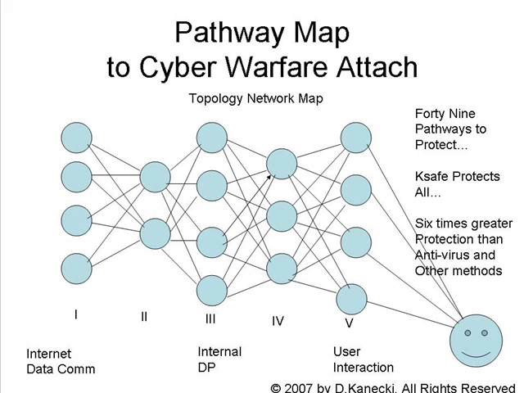With the KSafe family of products, your data is secure on all 49 of these pathways. So if someone were to try to intercept your data or did intercept your data on any one of these 49 pathways, they would not be able to open it. Only you and the intended recipient would be able to open it. The reason why this is so is because KSafe encodes the data so that if someone were to try to intercept the data while it's being sent, they would receive gibberish.